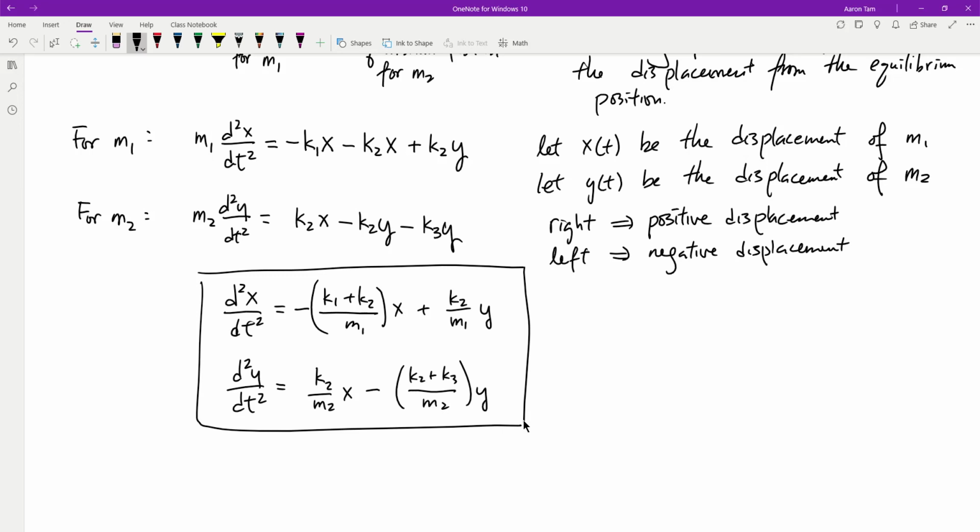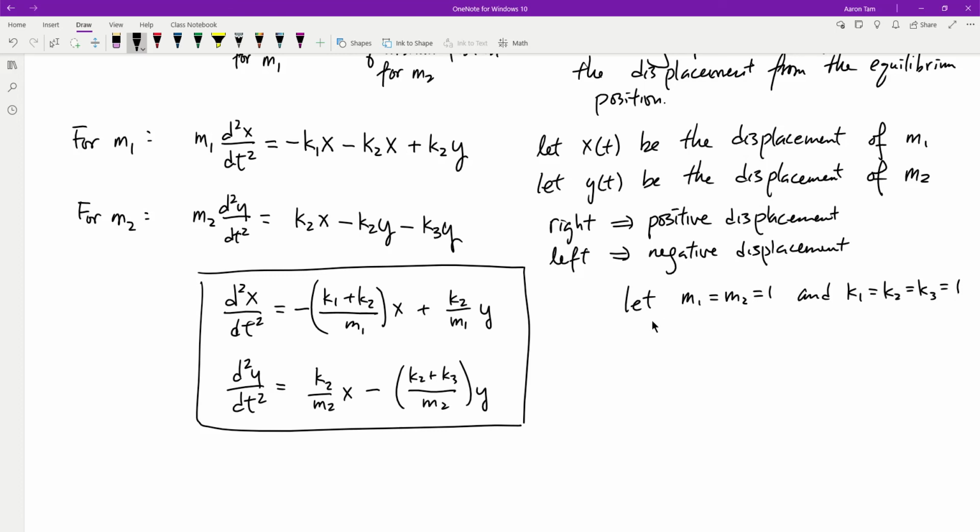For simplicity, how about we choose the following? We're going to let m1 equal m2, which equals 1. And we also let k1 equal k2 equal k3. They all equal 1 also. That means both mass 1 and mass 2 are 1 pound, kilogram, or whatever unit we use, and the springs are all identical with a stiffness of 1, whatever unit it is.